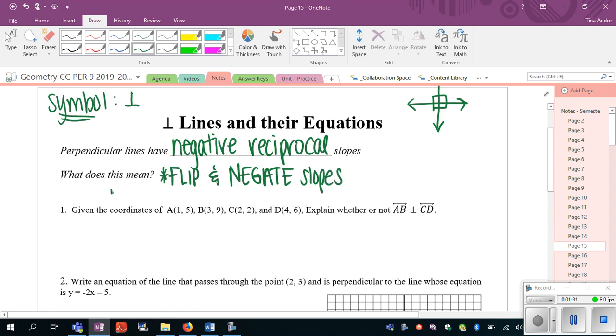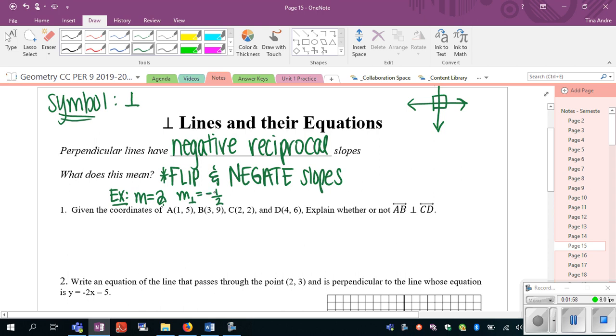So for example, let's say that the slope is equal to 2. Well, think about that as really 2 over 1, since 2 divided by 1 is 2. So that means the perpendicular slope, m with a subscript of the perpendicular symbol, would be flip this, so it would become negative 1 over 2. So the reciprocal part means flip the fraction, and negate means put a negative.